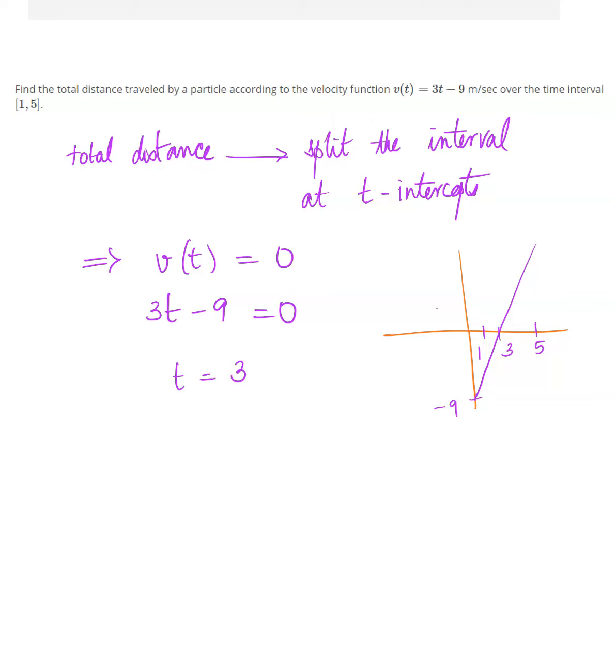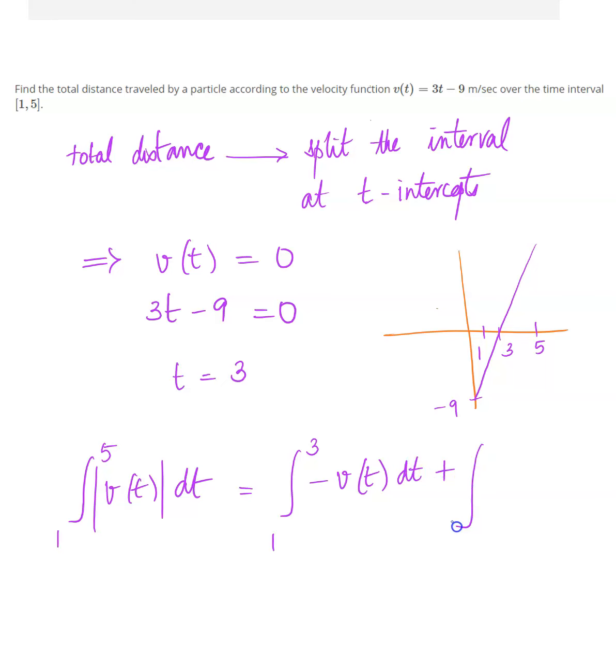So if I were to split this up, let me first write integral from 1 to 5 of the absolute value of v of t dt. I know that from 1 to 3, my velocity is negative, so it's negative v of t dt. And from 3 to 5, my velocity is positive, v of t dt.